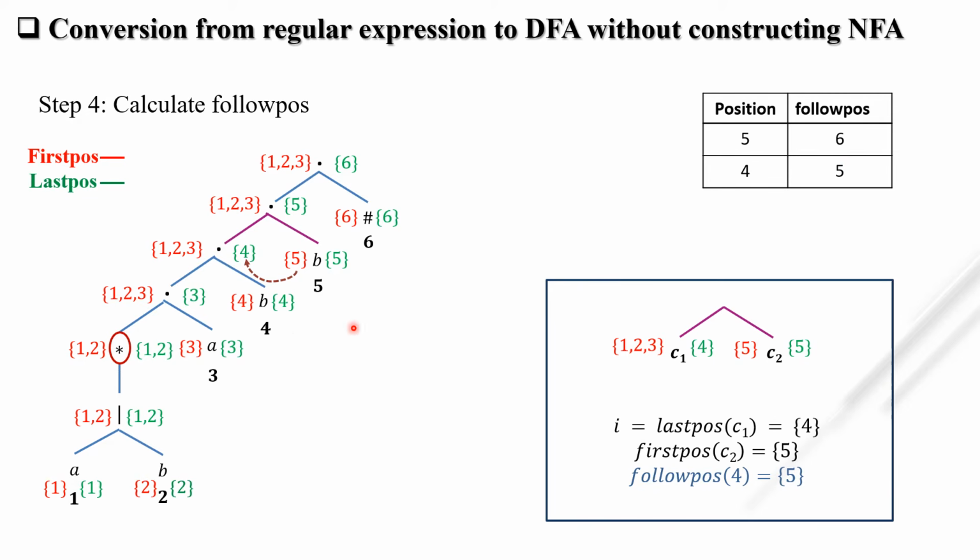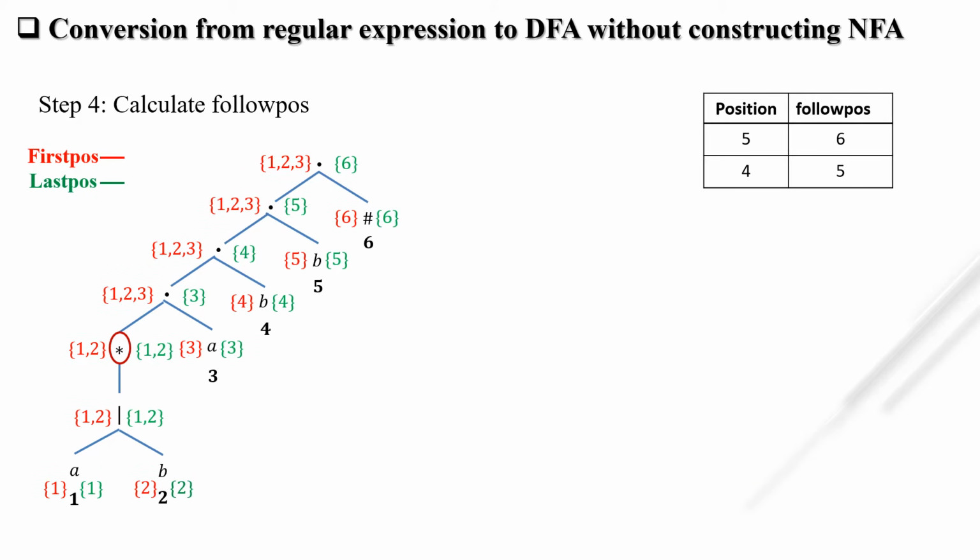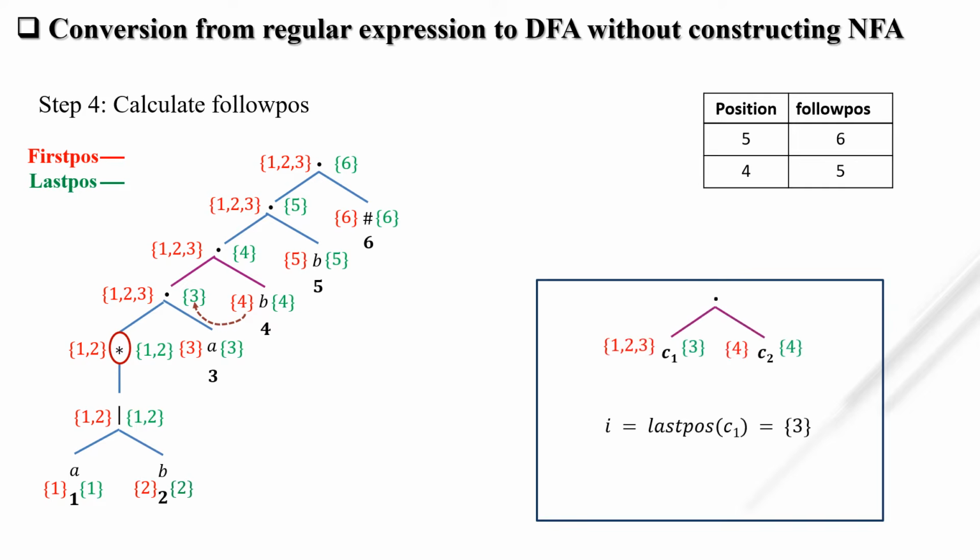Similarly, 4 is put in which position? At the third position. Now similarly for this concatenation symbol, 3 is put in which position? 1 and 2. Both positions, we have to put 3.